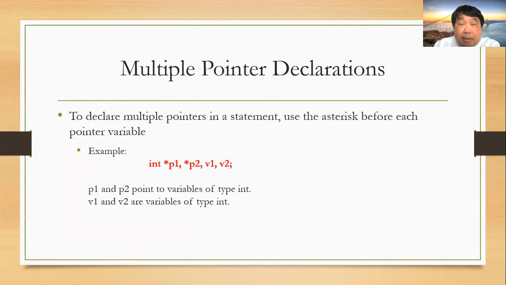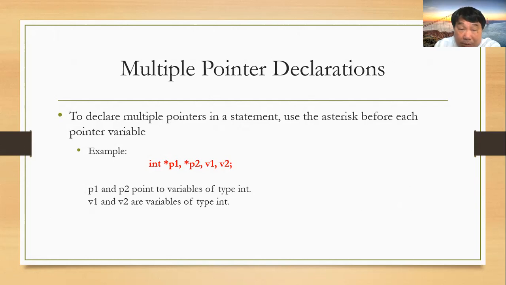Next, let's learn how to declare multiple pointers together. Let's jump directly to the example here. We want to declare two pointers, P1 and P2, and two integer variables, V1 and V2, all together. We can declare all of them with just one statement.